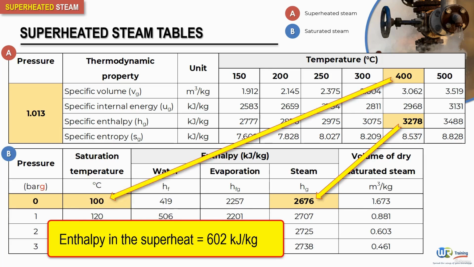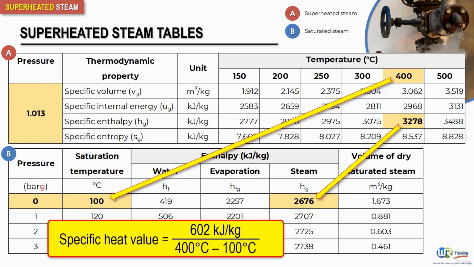In this case, the specific heat capacity is as follows. So, 2 kilojoule per kilogram per degree Celsius.